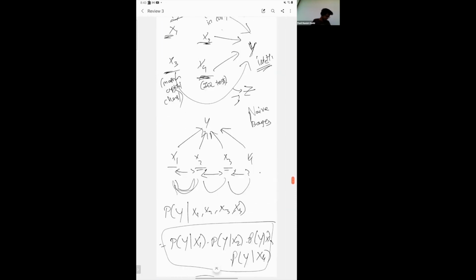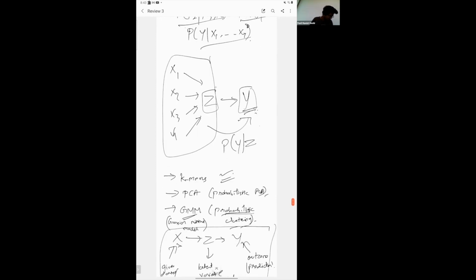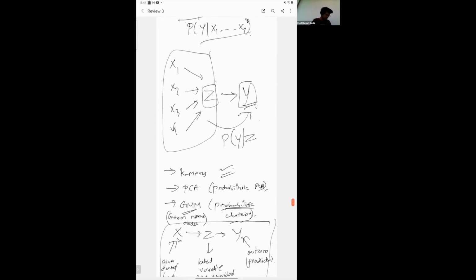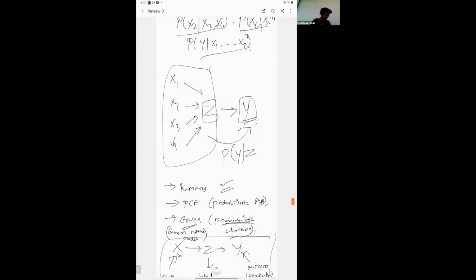So our basic walkthrough of latent variable models is that from all of the x we determine some latent variable z that was the cause of all the x, and we would try to predict y directly from z.